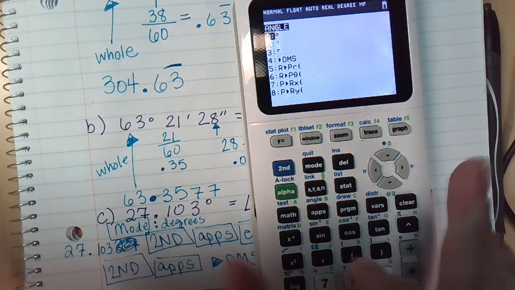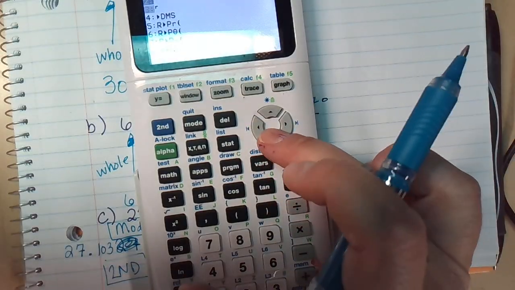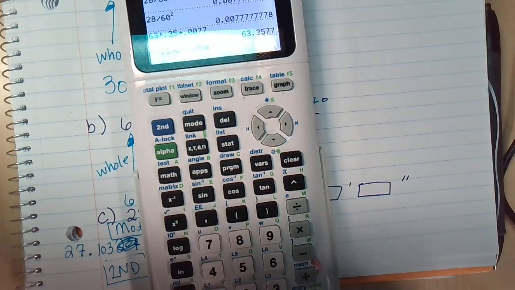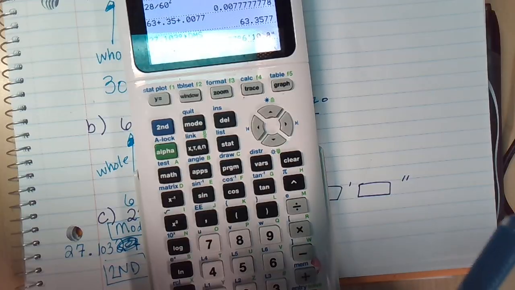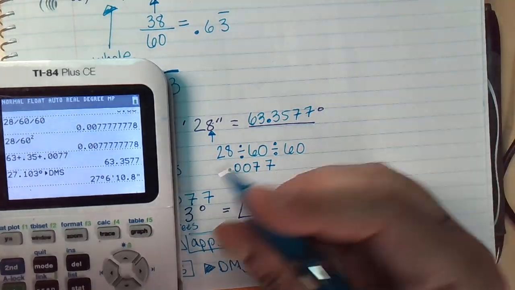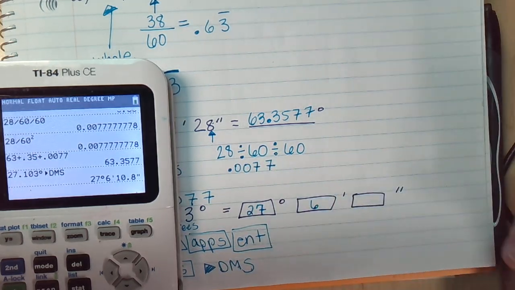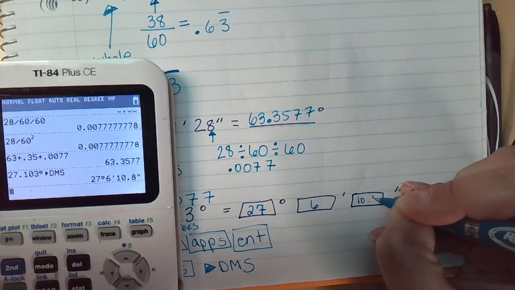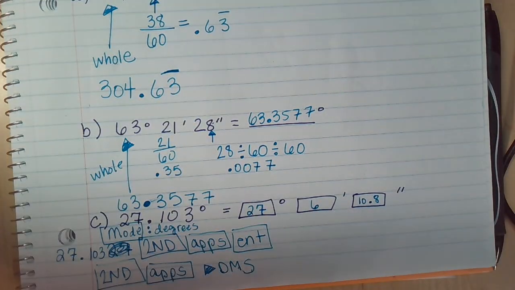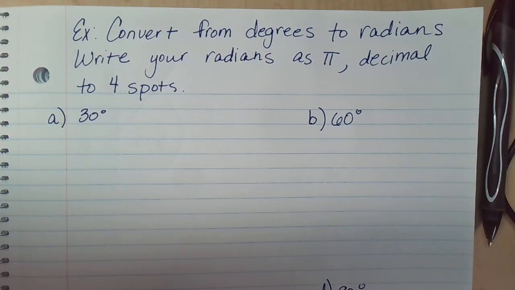That's what DMS means. Degrees, minutes, seconds. So let me go down to degrees, minutes, seconds, and then press enter. Hey, there it is. I got 27 degrees, 6 minutes and 10.8 seconds. Woohoo!